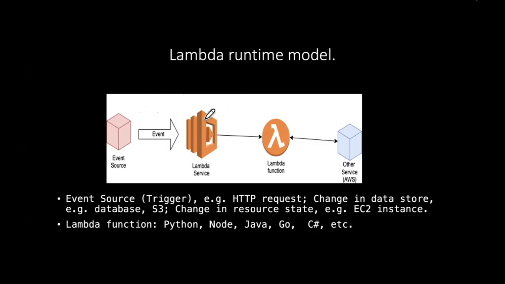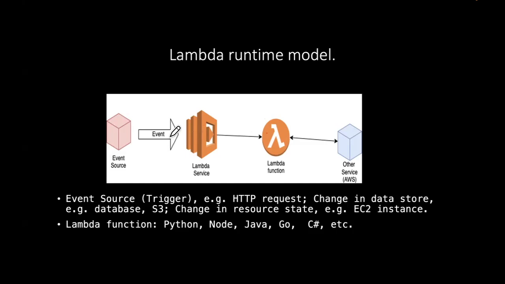The Lambda service then will kick off that process of creating a micro VM instance, loading your Lambda function into that micro VM instance, invoking the Lambda function, and passing it the event that occurred.